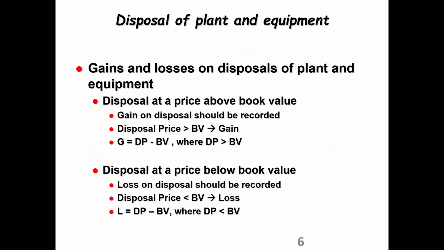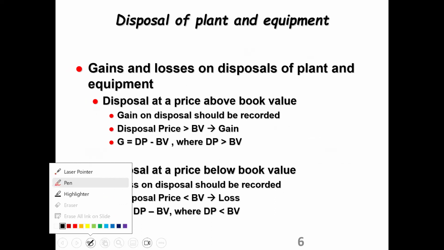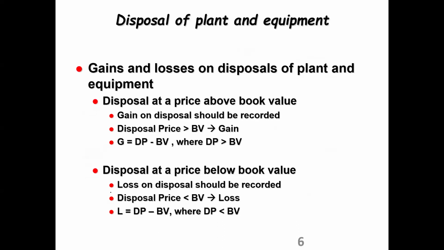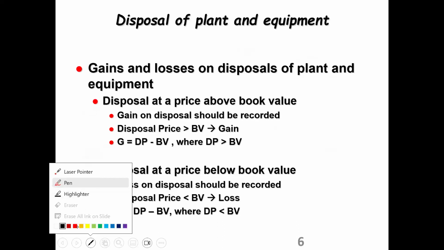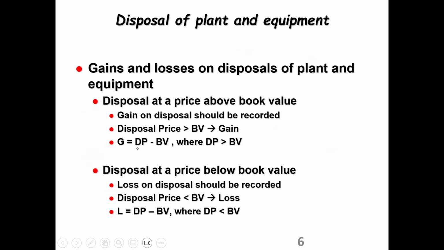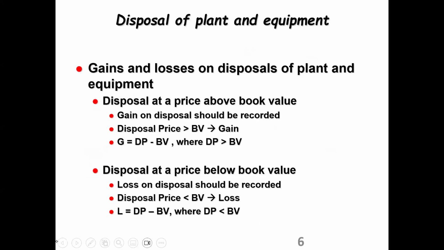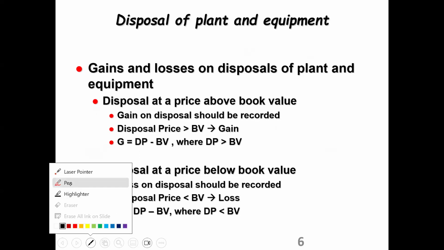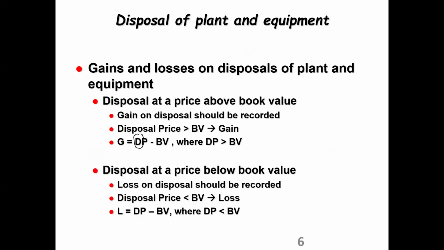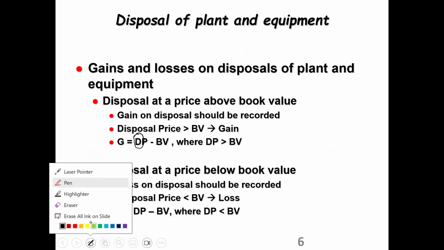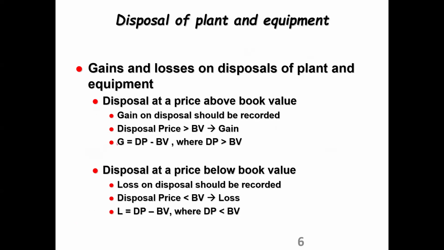If the price is more than the book value, we get a gain, because the selling price, which is the disposal price, is higher than the book value.